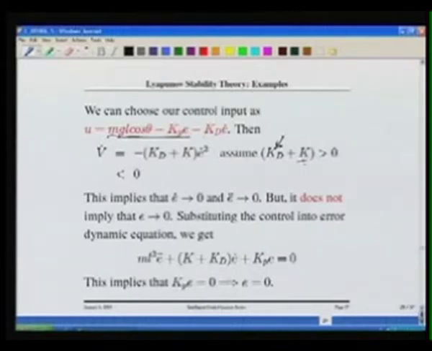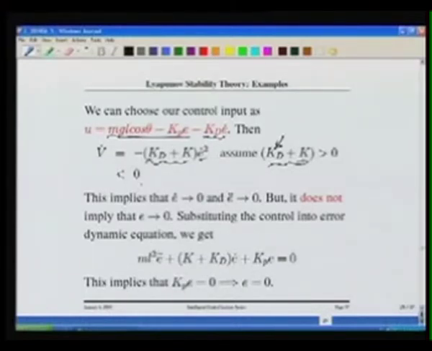So the k d E dot term was introduced to make this quantity reasonably large, and now this is a positive quantity, E dot square is a positive quantity. So V dot becomes negative definite.